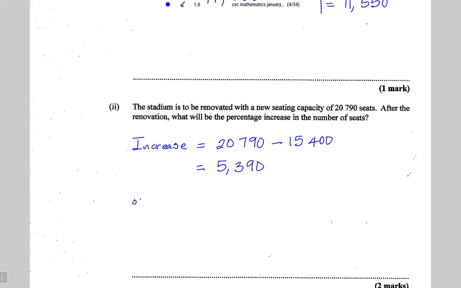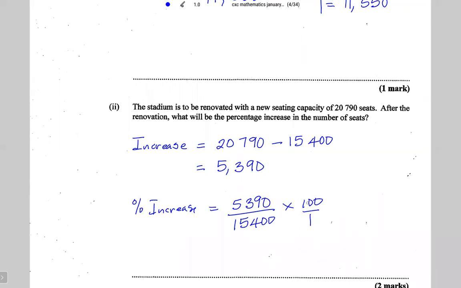So the percentage increase would be the increase, which is 5,390, over the old capacity, which is 15,400, multiplied by 100.